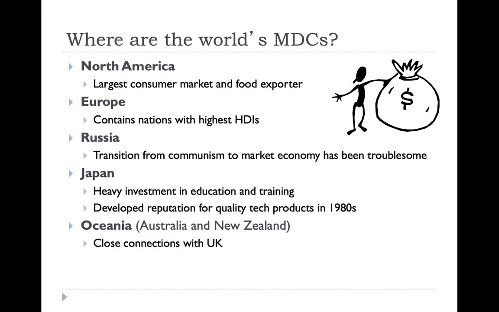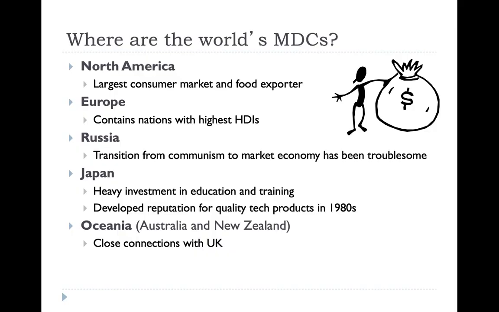Okay, so where are the world's more developed countries? Now that we know what a more developed country is, more developed countries are North America, so the United States and Canada. They make up the largest consumer market and food exporter. Europe contains nations with the highest human development index levels. Russia has recently transitioned from communism to a market economy.